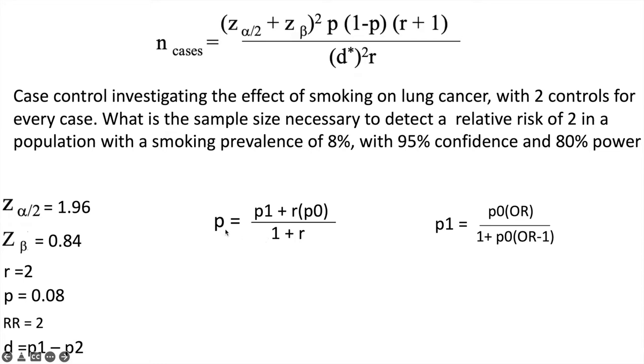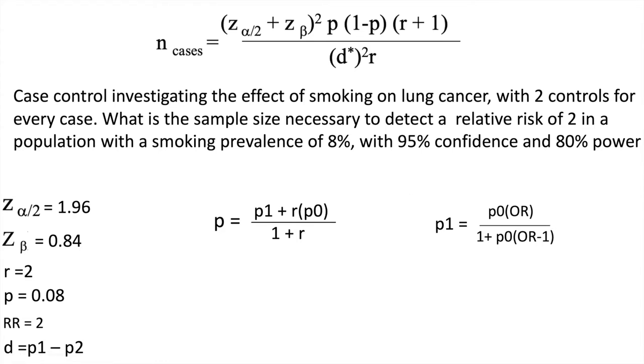And what I mean by that is we know P and R, and we know the odds ratio here. So in this situation, we have 2 equations, and in both of them we have P1 and P naught that are unknowns. Typically we solve for one unknown and substitute that whole value in for P1, but that is very cumbersome here.